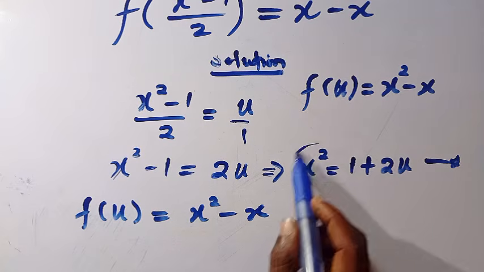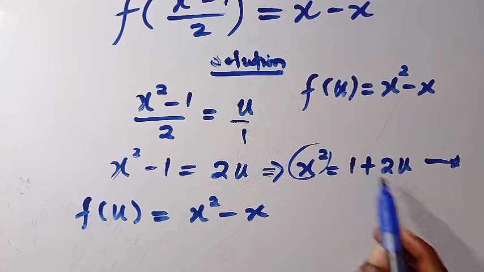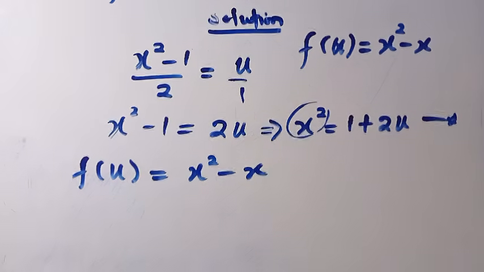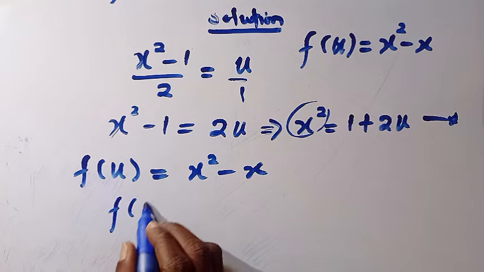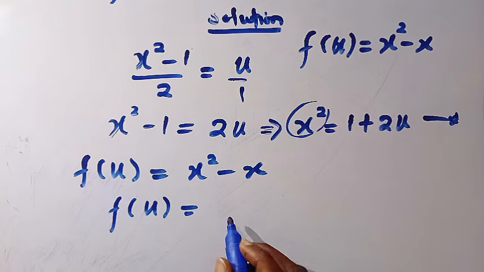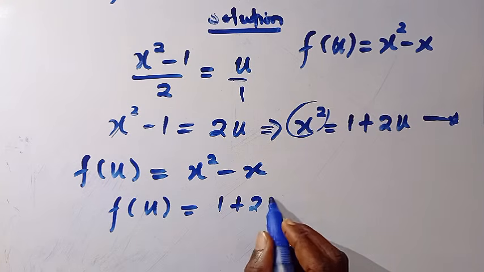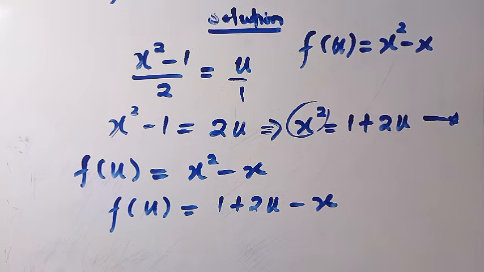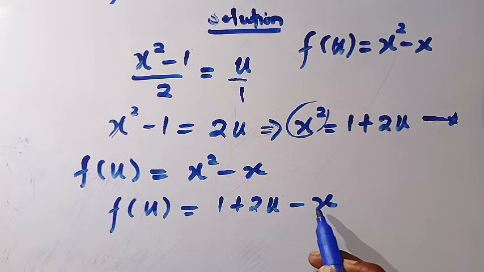So here we have x squared. If I replace it with 1 plus 2u, we have f of u equals 1 plus 2u minus x. Well, this x must not be here because everything must be in terms of u. Let's try to look at how we can get x.